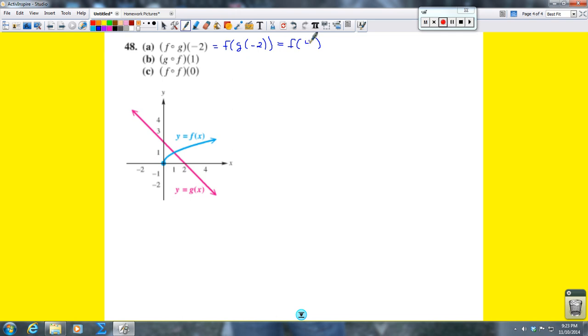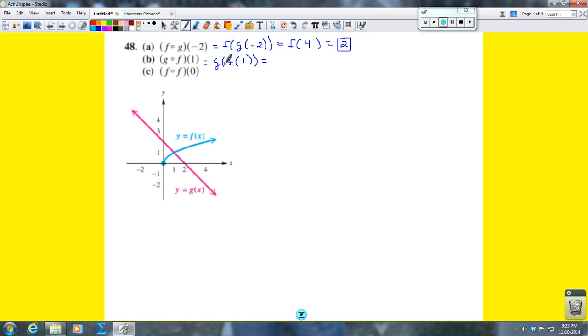So here's 4. But now you have to find f of 4. 4 is right here. F, you're going to have to count up. It looks like 2, but again, I'm going to look in the book one more time, and it is 2. And that means part A is 2, and that one's done. Now we're going to go to part B, which says find g of f of 1.